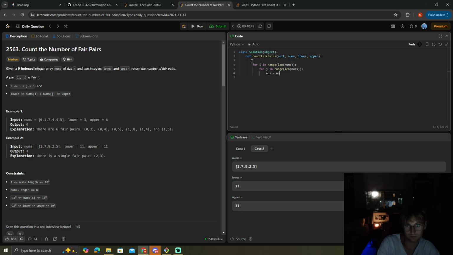If sum is equal to nums[i] plus nums[j], if sum is greater than lower and sum is less than upper, count is equal to 0. Let's add count plus equal 1.